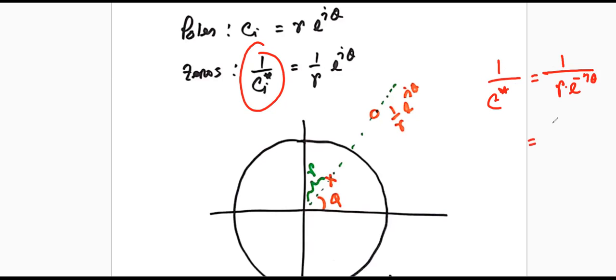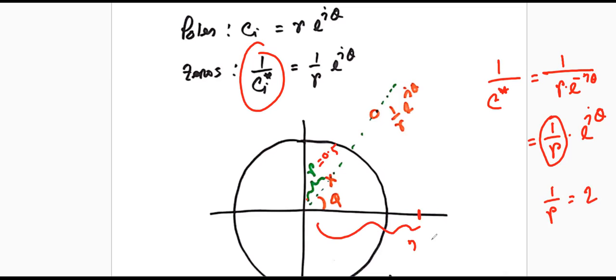So that gives 1 divided by r into e to the power j theta. It shows that, previously the magnitude was 1. You can take r equal to, let's say, 0.5. Now 1 divided by r is equal to 2. So let's say this is the value of 2.